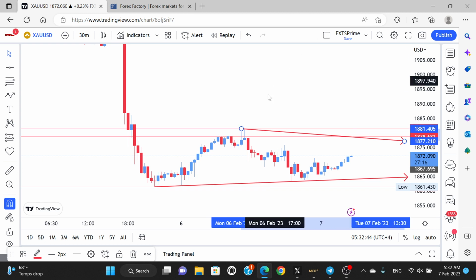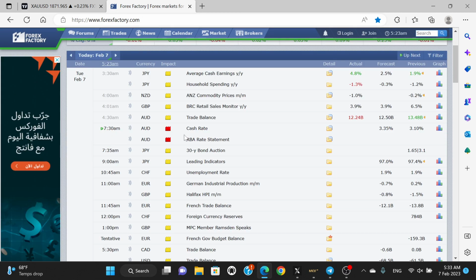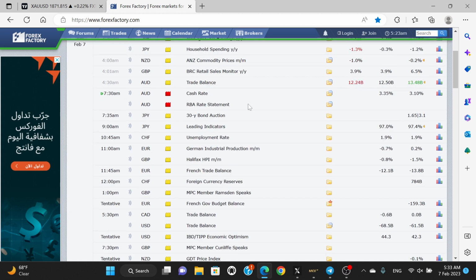If we are breaking the top, we have the resistance at the top, and we have explained that. Fundamentally, guys, today we have a big impact news on the Australian dollar, and this might make a spike at 7:30 a.m. However, this is not affecting the market too much, but it might make a big spike at 7:30 a.m. So you have to watch this, and if positive data comes, green numbers, the gold will go up.